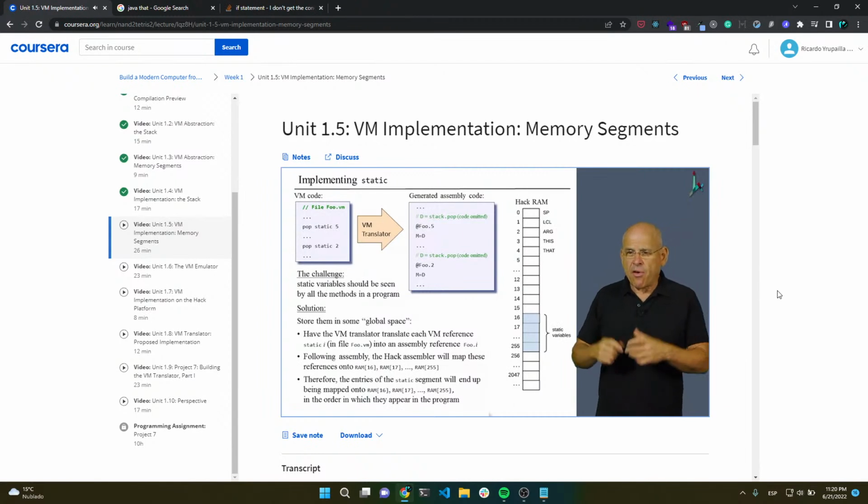And therefore, the entries of your static segment are going to be mapped on RAM 16, RAM 17, and so on in the order in which they appear in your VM code.